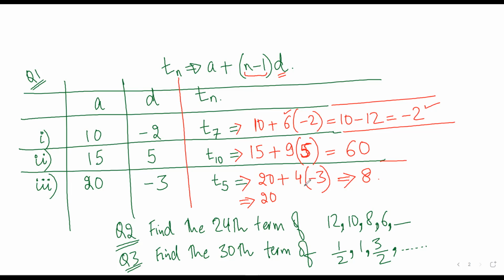Sir, minus 12. So 20 minus 12 would be? 8. Okay, sir. Is there any confusion? No, sir. This means that n minus 1 is multiplied by d. Have you understood this or not? Yes, this is multiplication. So 4 and minus 3 would get multiplied. 9 and 5 would get multiplied. 6 and minus 2 would get multiplied. Is it clear or not?